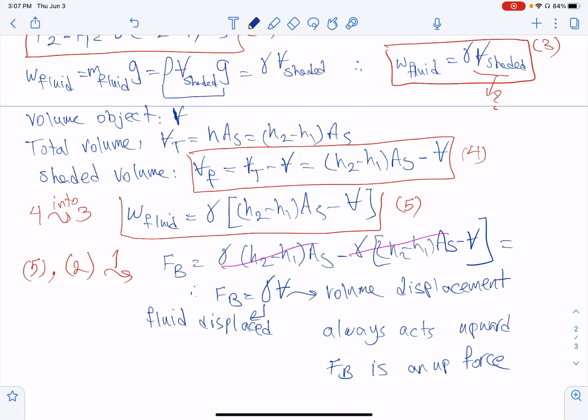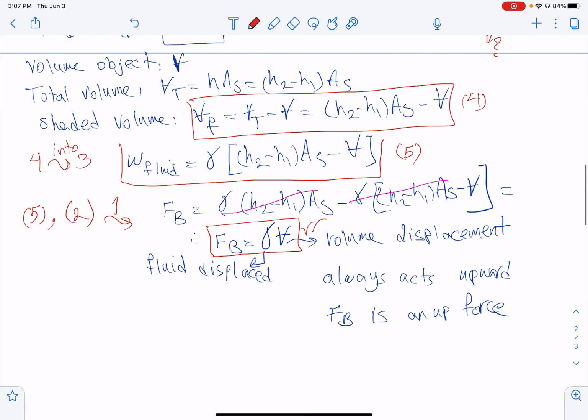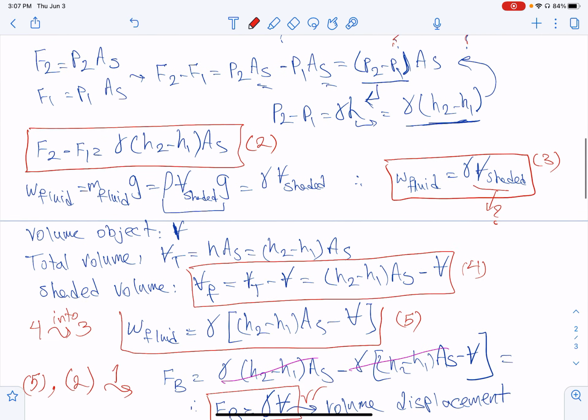So this is the important formula we need to know in this section. So we need to know that. And yeah, I think that's it for here.